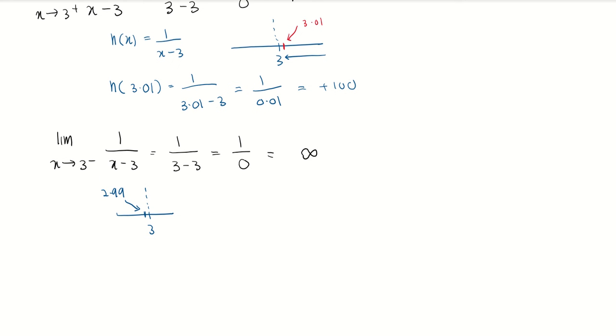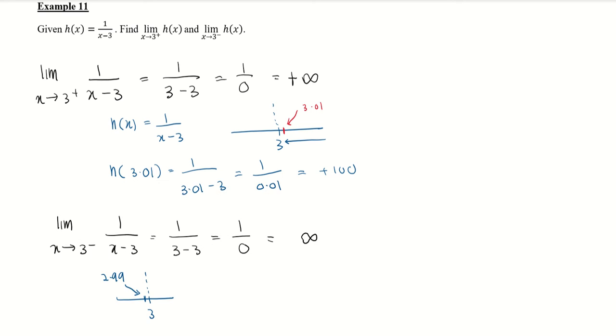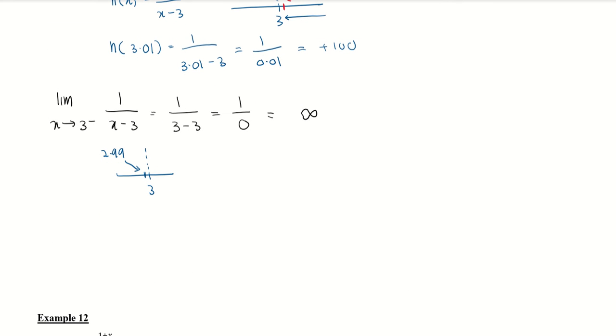If we substitute that into h, h(2.99), we get 1 over 2.99 minus 3, so 1 over negative 0.01, which is negative 100.